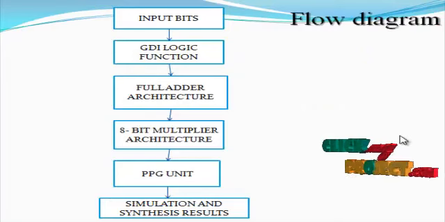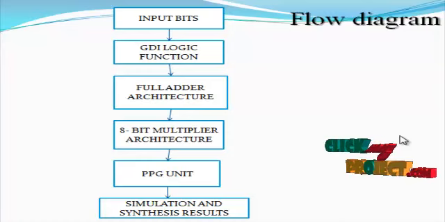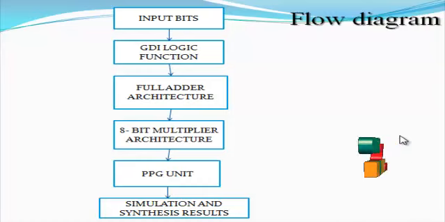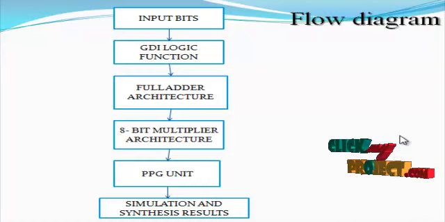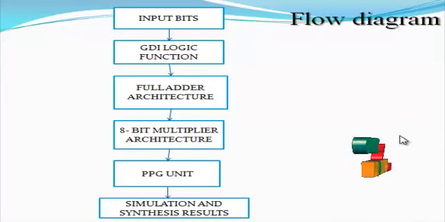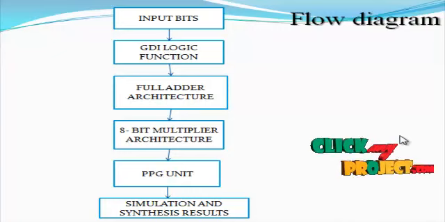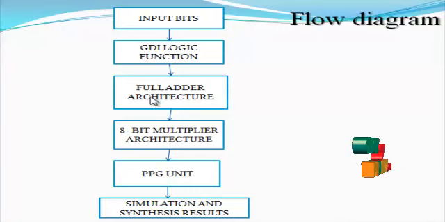Next we see the flow diagram for the project. The input bits are applied to the GDI logic function. The GDI logic function is a mux based architecture based on our carry selection process. This process is mainly used to reduce the carry propagation time and to improve the processing speed for the overall multiplying architecture, and to apply the GDI logic function in the full adder architecture.